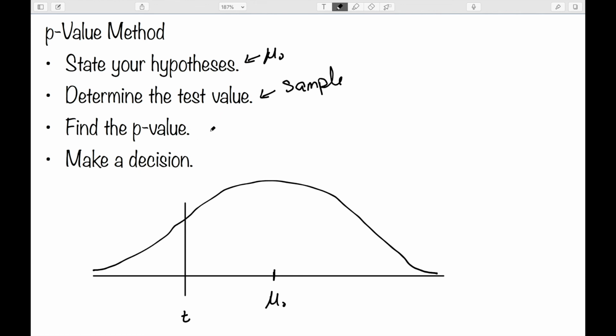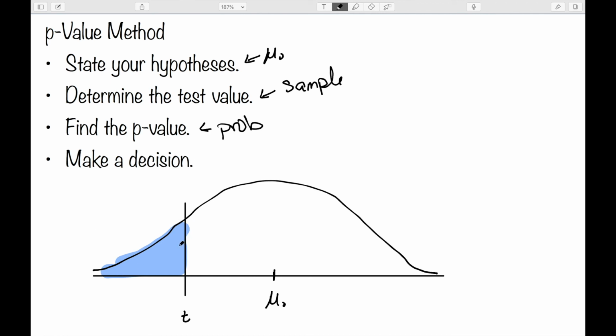And then the p-value is actually a probability. It tells the probability of this region right here. We're trying to figure out the probability of this region here. The idea being, what is the chance that we got a random sample that was this far out along the tail or further?